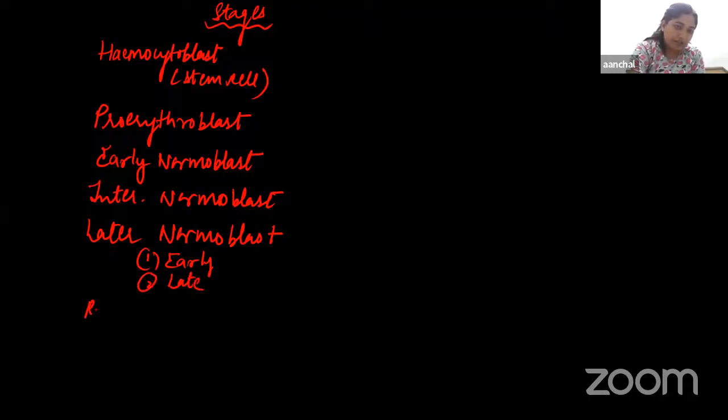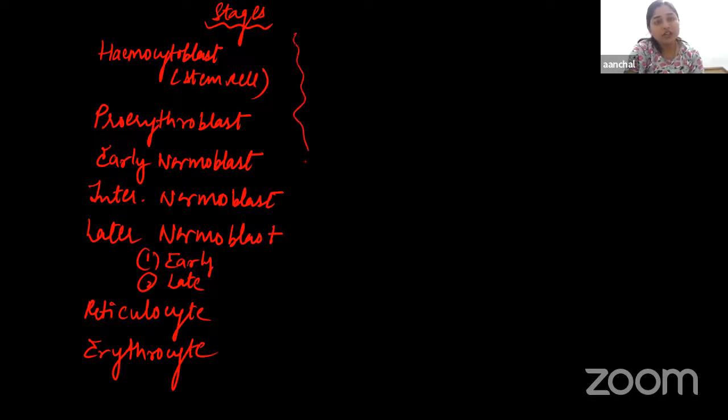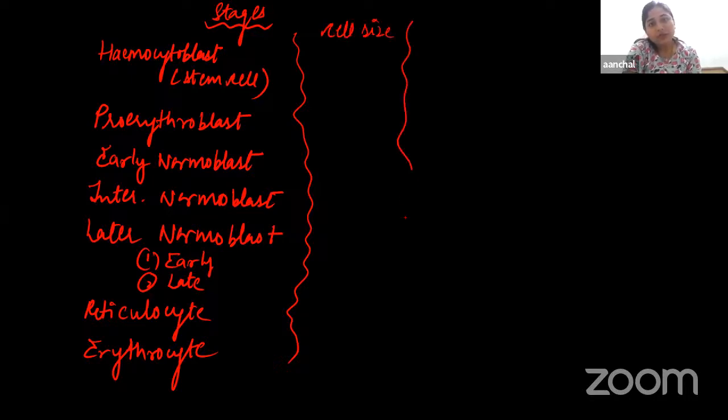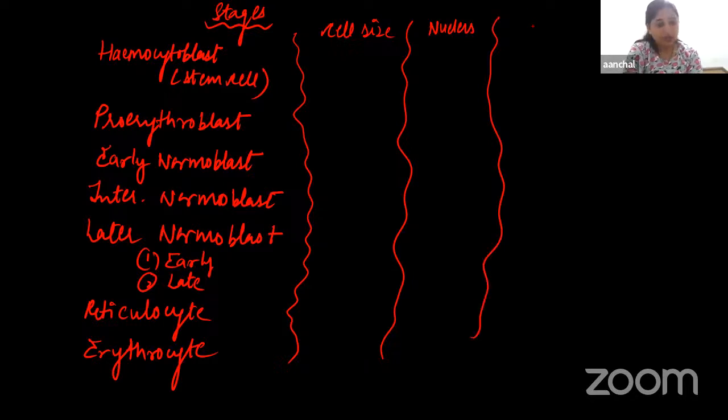Then finally we have reticulocyte, and finally the last is erythrocyte. So we're going to discuss all these stages in comparison with cell size, then nucleus, then cytoplasm, and finally division, meaning mitosis.